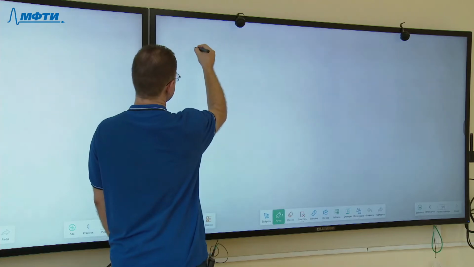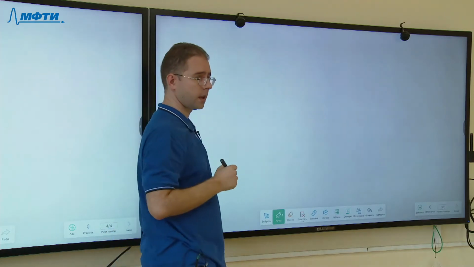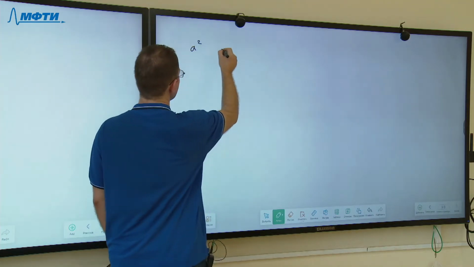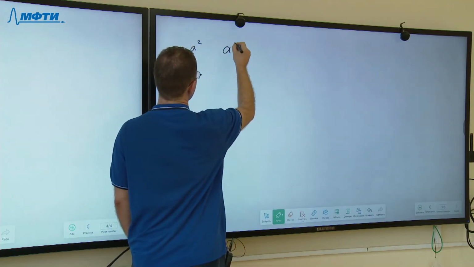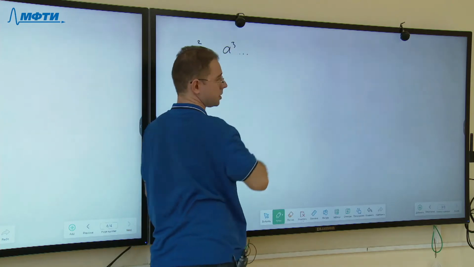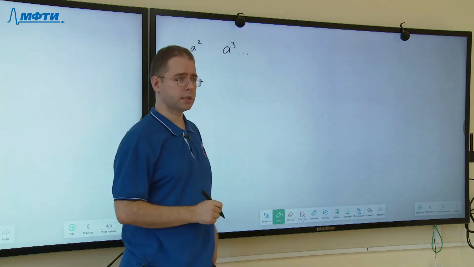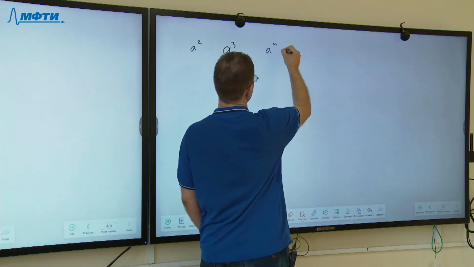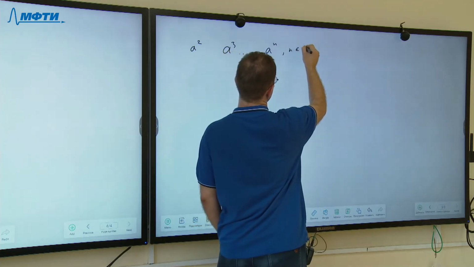Suppose I have some number a. It's easy to raise it to power 2 or power 3 and so on. So we understand what it means to raise it to power n, where n is an integer number.